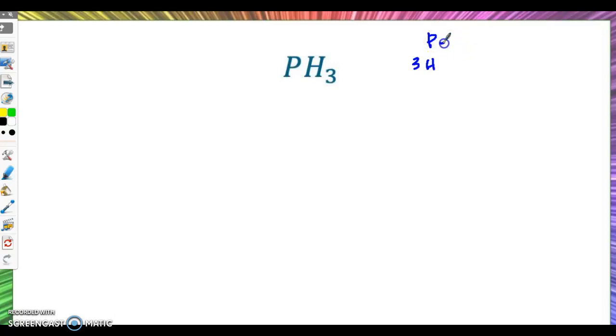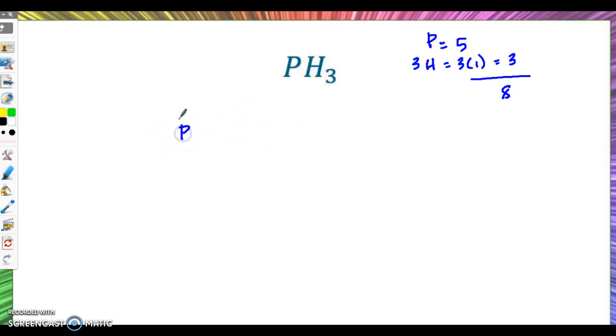So phosphorus, it's in the nitrogen column. It has 5 valence electrons. I've got 3 hydrogens. Each of them has 1 for a total of 3 there. And altogether, there are 8 valence electrons that I have to place here. So this will be a relatively straightforward dot structure or Lewis structure.